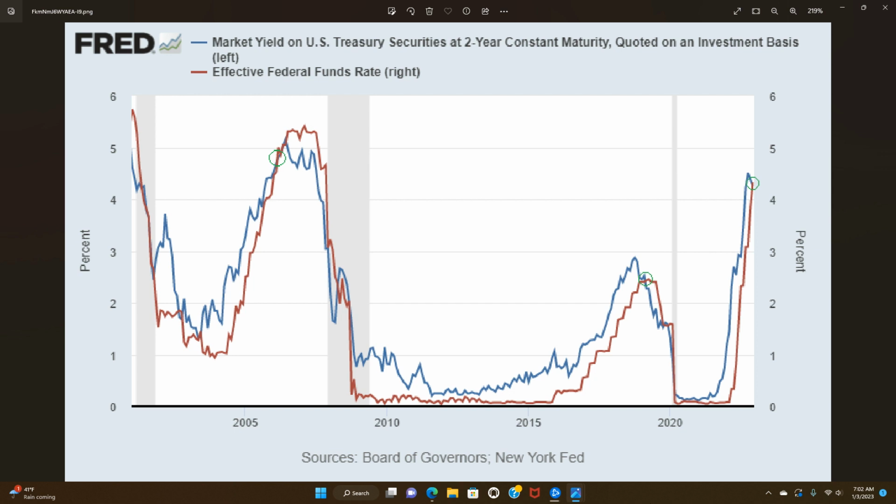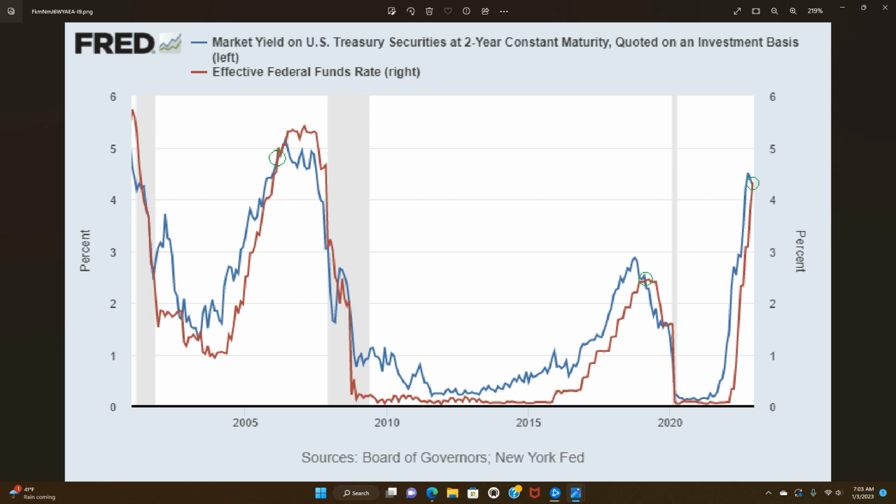So essentially when the federal funds rate yields a higher yield than the bond market, why would investors buy bonds when they can get a higher yield with less risk in the reverse repo market? That is the existential question facing most banks right now. And of course, they wouldn't do that, right?